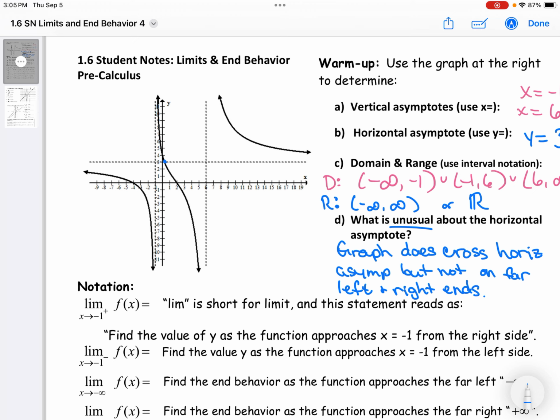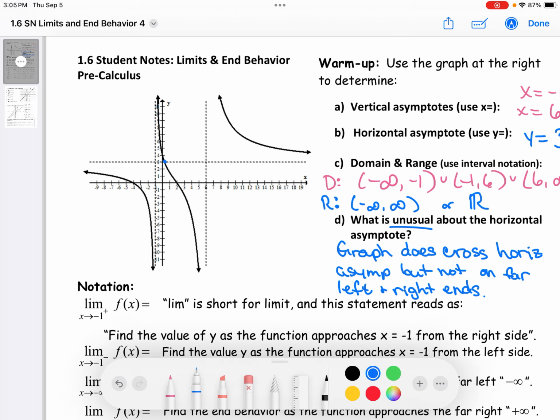That's what horizontal asymptotes are going to do. The graph will not cross the horizontal asymptote at the ends of the graph. At the far left and the far right, the graph will approach the horizontal asymptote, but not cross it.